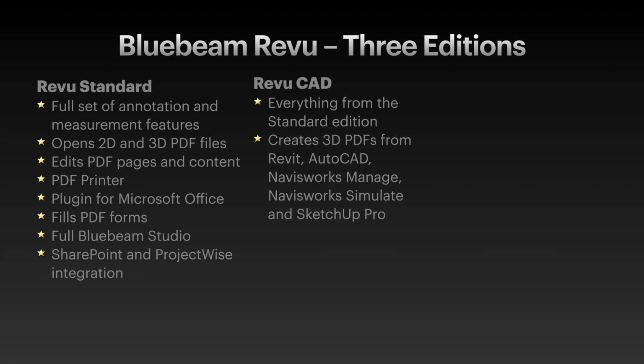Basically, it comes with everything that you get in the Standard edition, and the only difference of Revu CAD is that you get export filters for 3D PDF. So if you want to create 3D PDFs, that's the one to go for. You get plugins for Revit, AutoCAD, Navisworks Manage, Navisworks Simulate, and SketchUp Pro. The only difference between Standard and CAD is the creation of 3D PDFs.